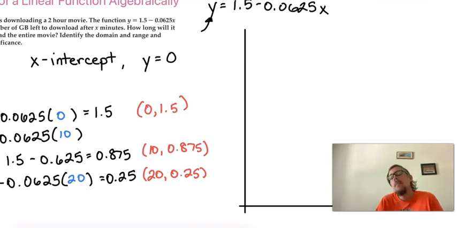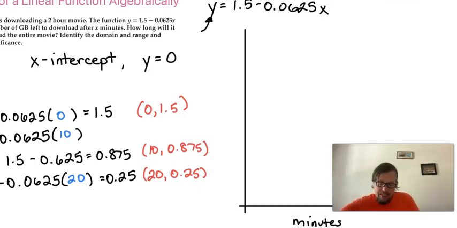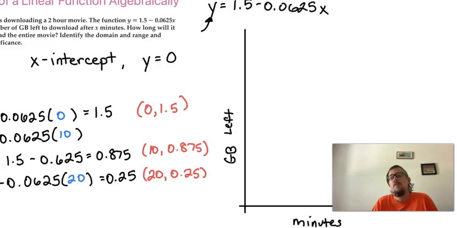Along the bottom, the thing that we're measuring on the x-axis is minutes. And the thing that we're measuring on the y-axis is going to be the number of gigabytes left. Remember, she starts off at 1.5 gigabytes. That's how big her 2-hour movie was, which is why our line starts at (0, 1.5).